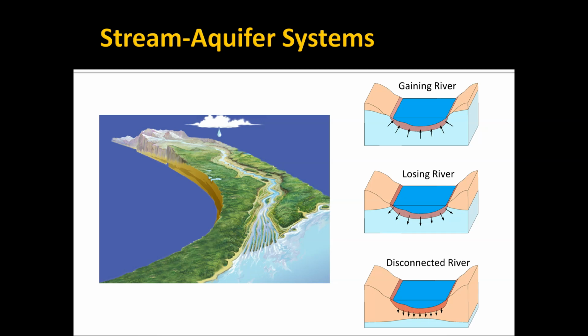So the aquifer will effectively gain some water from the river. So it would be a source, and this would be a type of losing river because it's losing water to the aquifer. And we can simulate all three of these conditions with a number of packages in MODFLOW.